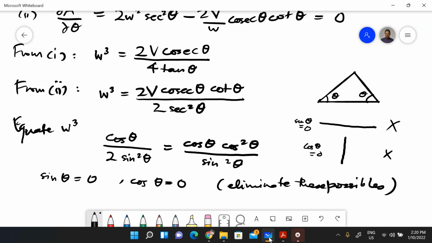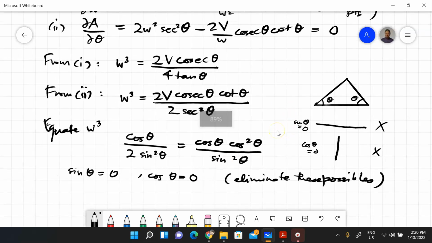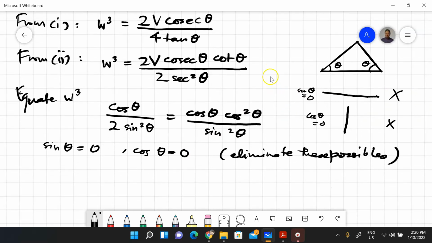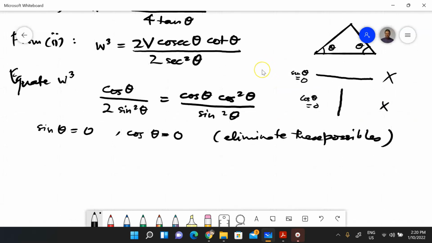Remember that this equation has already been extremized using the partial derivatives. So we need to find what would be the right angle that gives you this extremum, or minimum tent material.